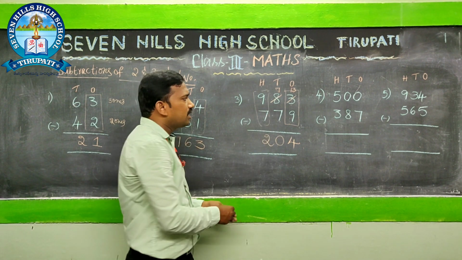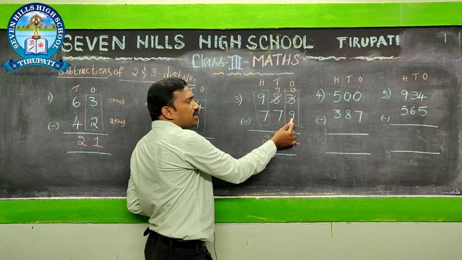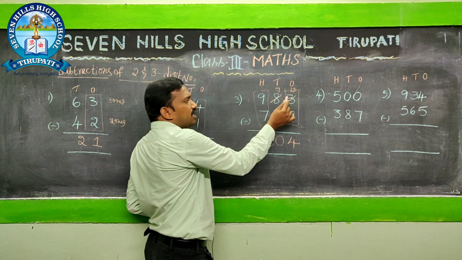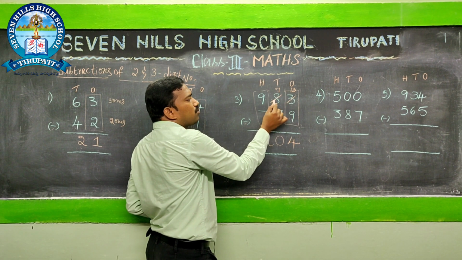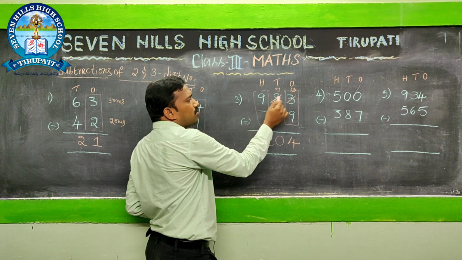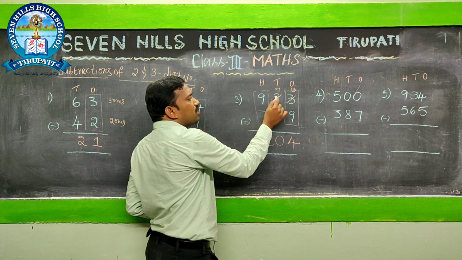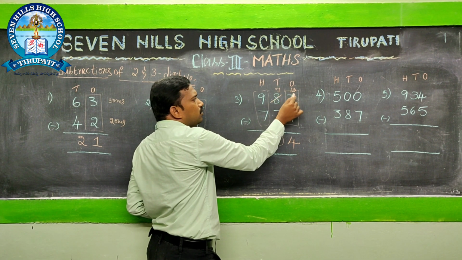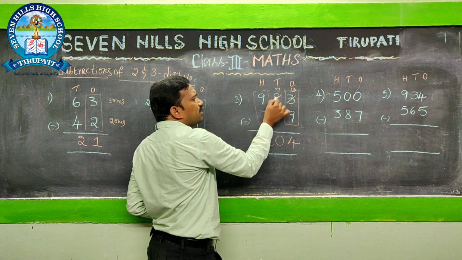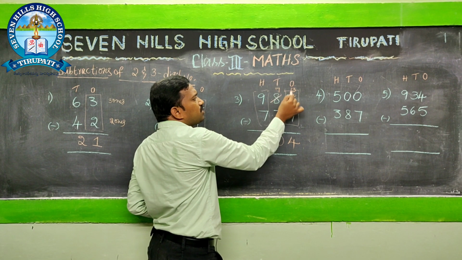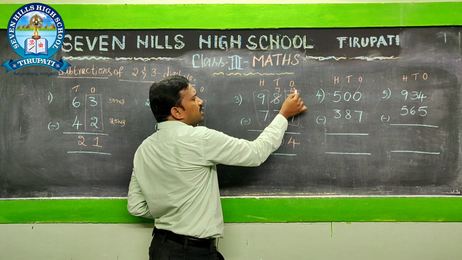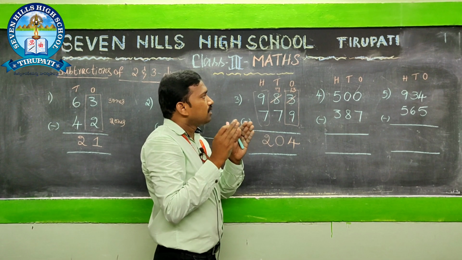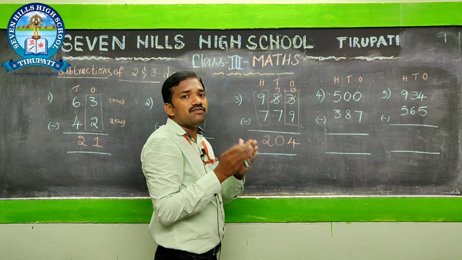Understand? Here we cannot subtract 9 from 3. That's why we take borrowing from the tens column. If 1 ten is given to the ones place, then it becomes 7 and it becomes 13. 13 means 1 ten and 3 ones.